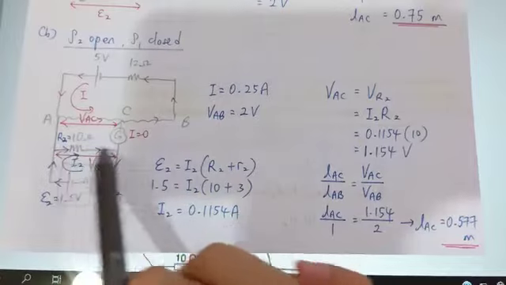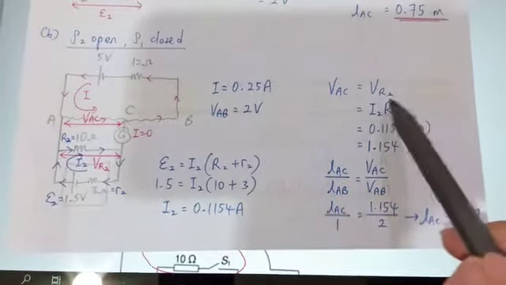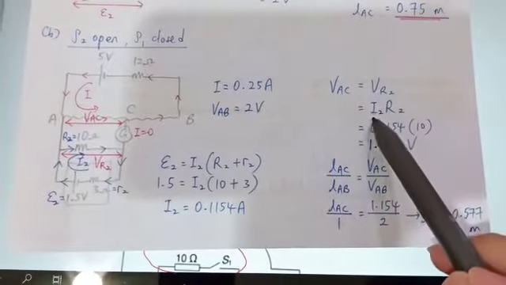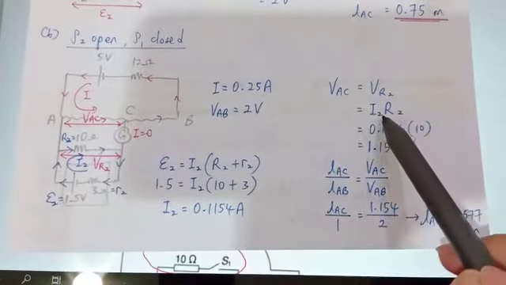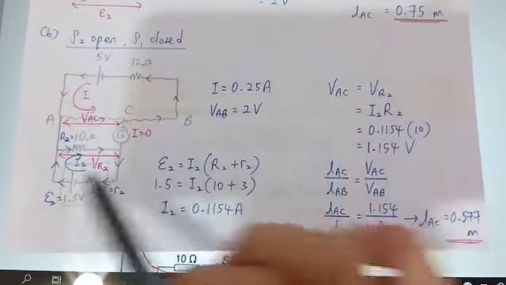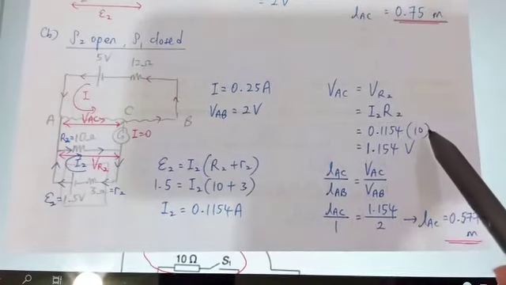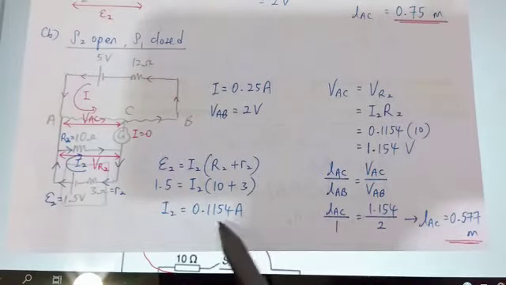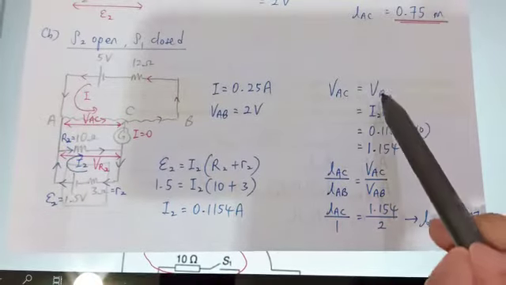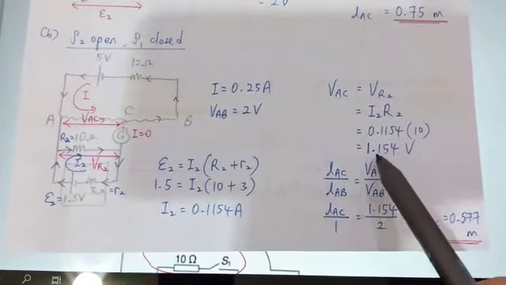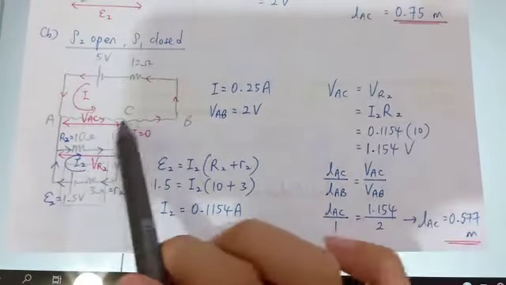VR2 also equals current I2 times R2, because I2 flows through R2, 10 ohm. I2 we already got, so substitute it here. We get VR2, which is 1.154 volt, and this also equals VAC.